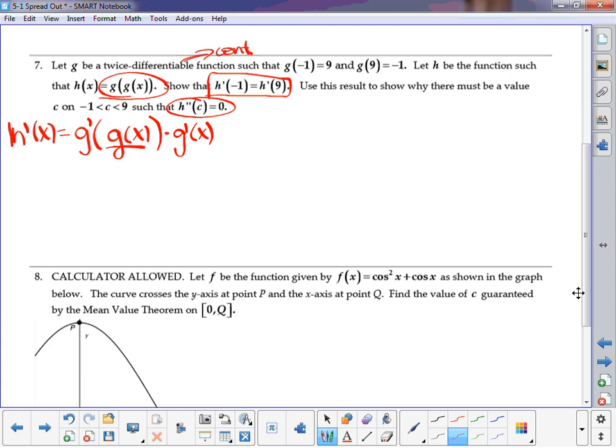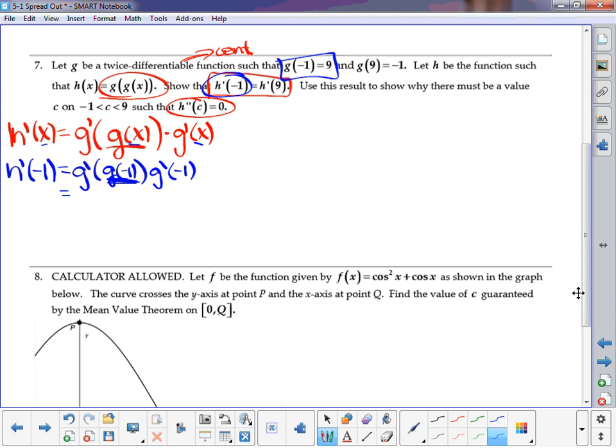Okay, so now let's go ahead and find these two guys. So I need h prime of -1. So wherever there's x, I'm going to be putting in a -1. So g prime of g of -1 times g prime of -1. And what is g of -1? 9. They gave that to us.